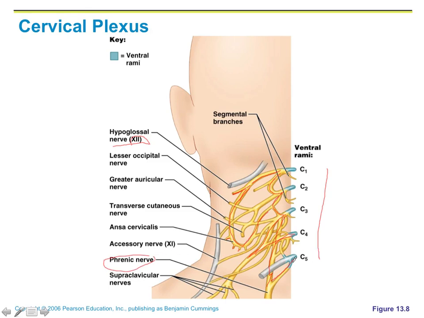The C5 also sends fibers to regulate the rhomboids and the serratus anterior.